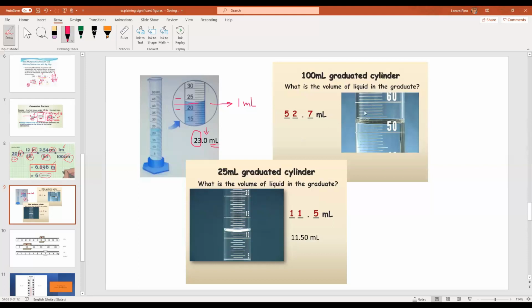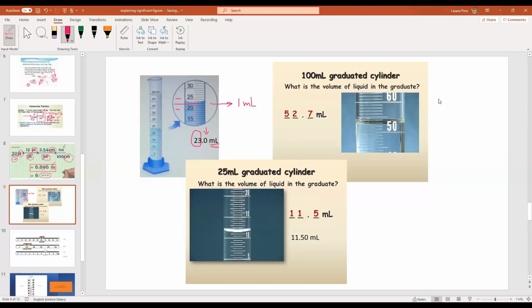In this case, the scale between 50 and 60 has 1, 2, 3, 4, 5, 6, 7, 8, 9, 10 lines. So every line is how much?